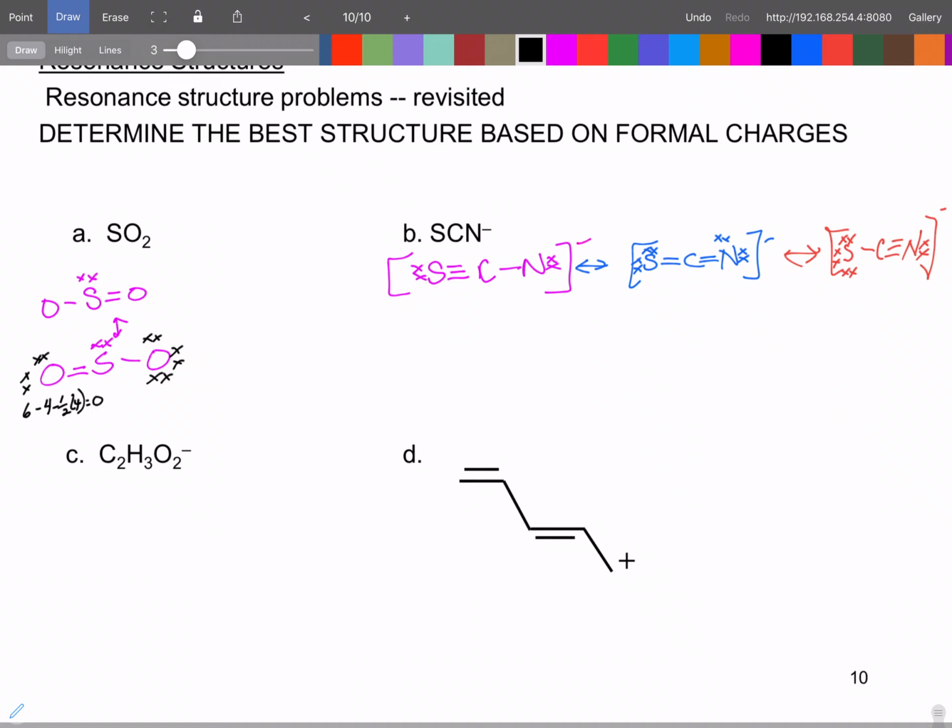With the single bond it is 6 minus 6 minus 1/2 of 2, which is 1 minus. The formal charge of sulfur is 6 minus 2 minus 1/2 of 6, which is 1 plus. So in this particular case, you're either going to put the negative on an oxygen or on the other oxygen, so neither is favored.